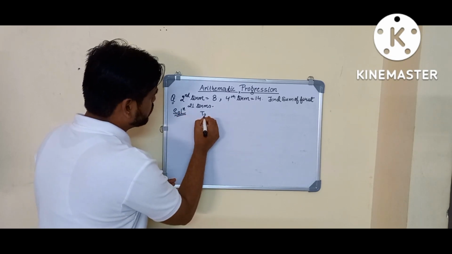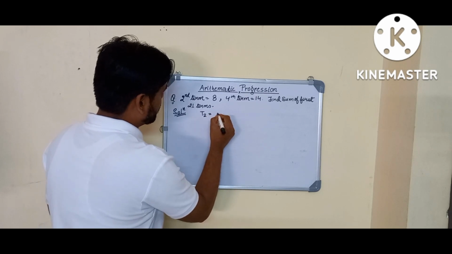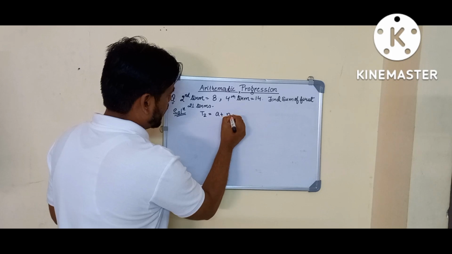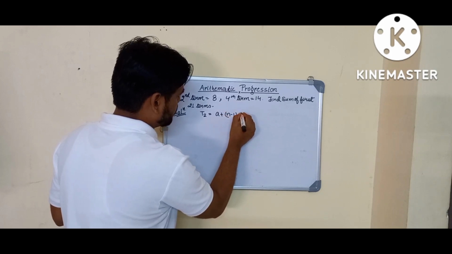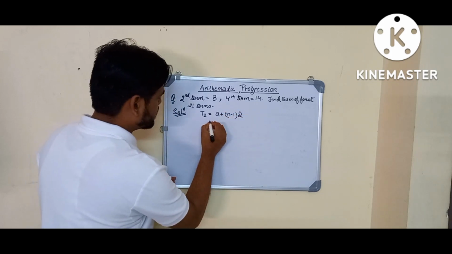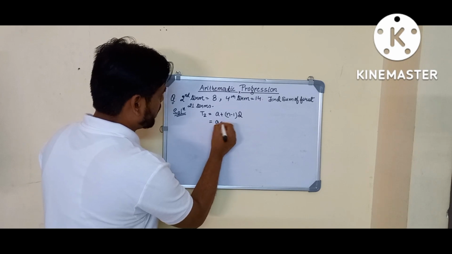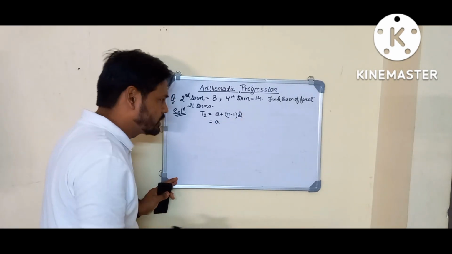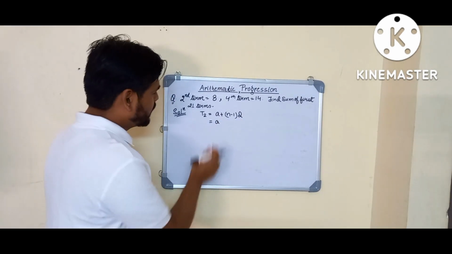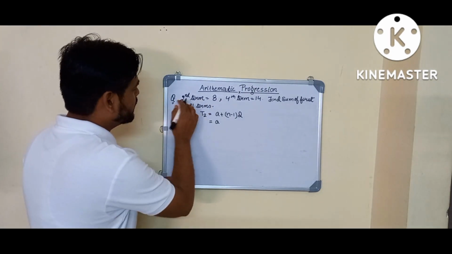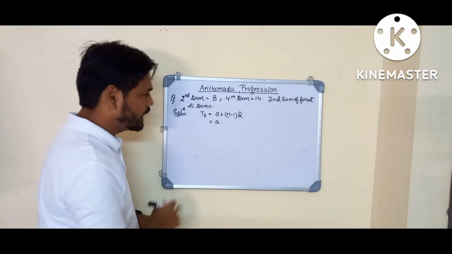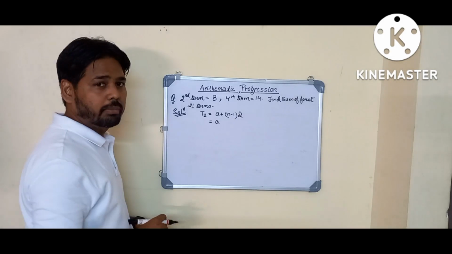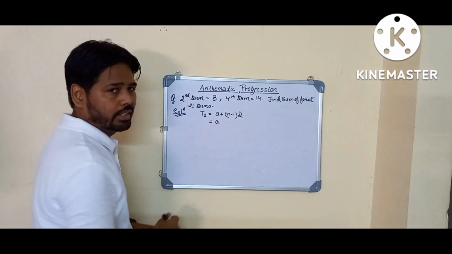So T2 will be equal to a plus n minus 1 into d. Neither the first term nor the common difference is known to us. So we have been given two different values, and with the help of these two values we will try to find both a and d.